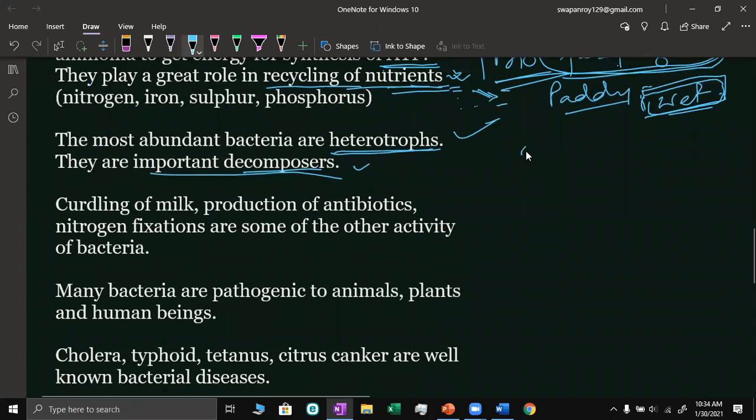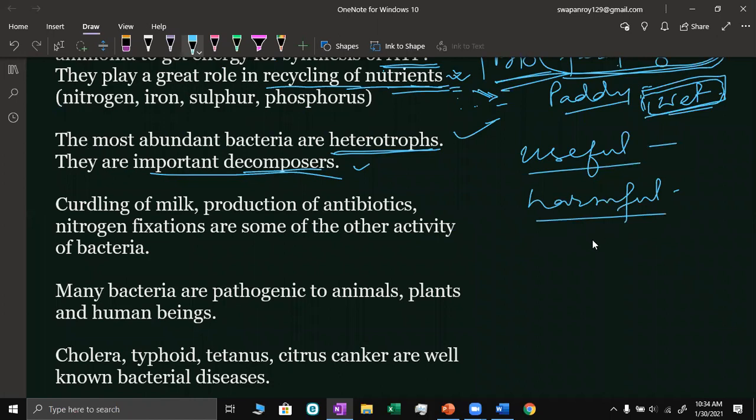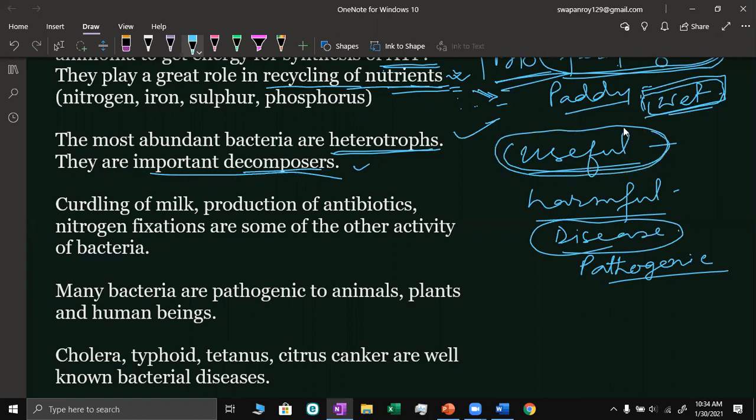Bacteria are useful for us as well as harmful. In the harmful condition, mainly they cause disease. Disease-causing bacteria, that is the pathogenic bacteria, are harmful to human beings. And useful, of course, bacteria have a lot of usefulness in industry and in general life, for making different types of milk products, like curd, cheese, etc. That is the activity of the bacteria.